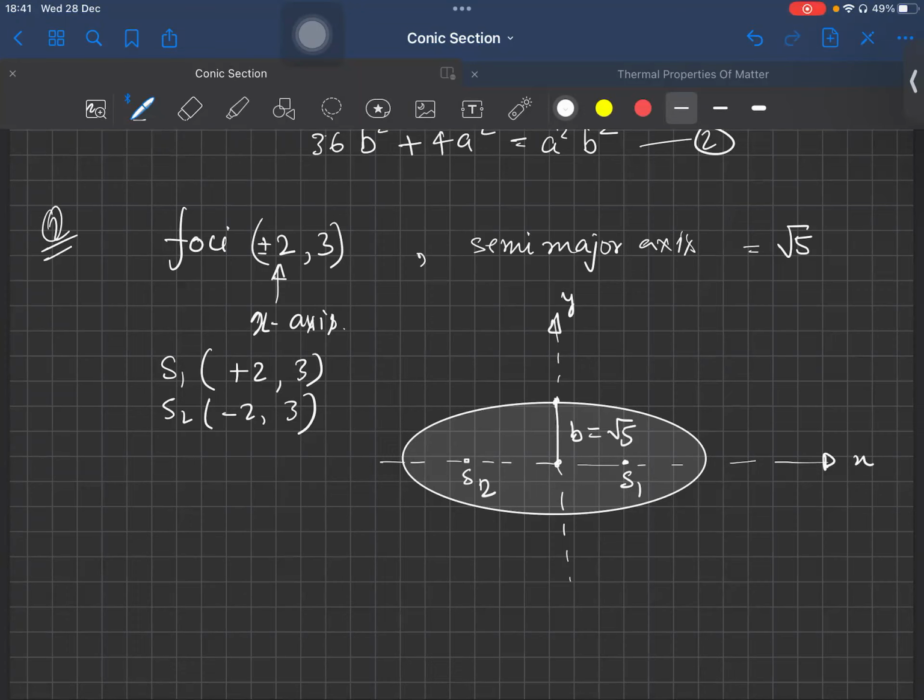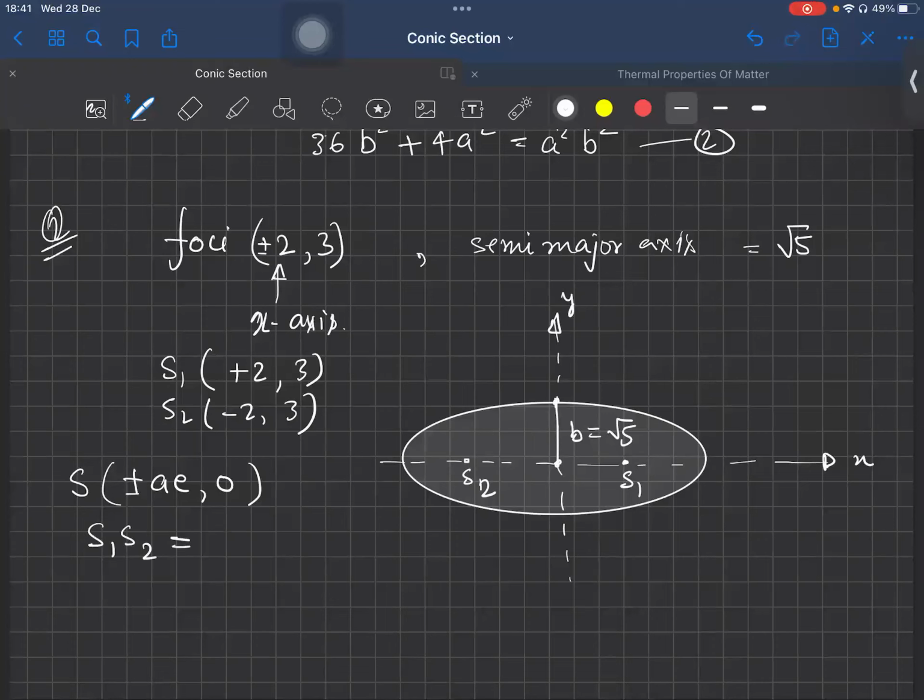You know, the focus is plus or minus AE, 0. But you don't have the value of A, and you don't have the value of E. But you have the value of B, that is square root of 5, isn't it? So what is the length S1 S2?